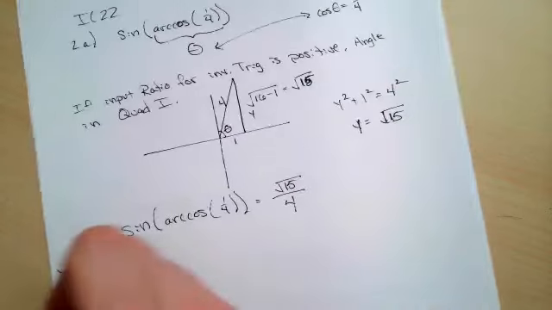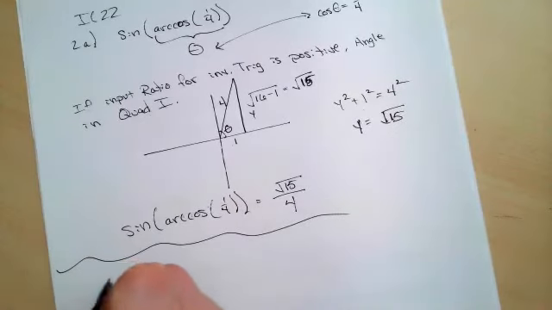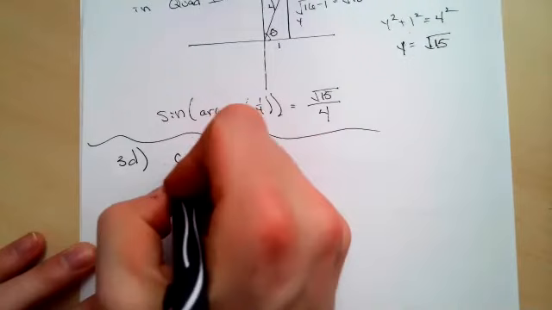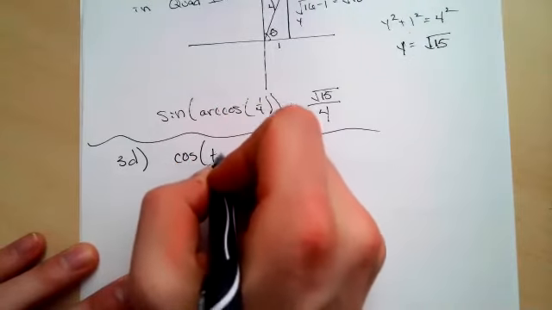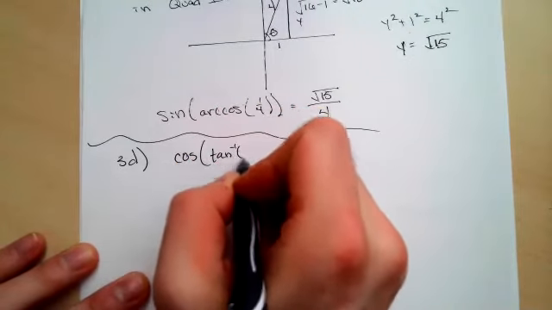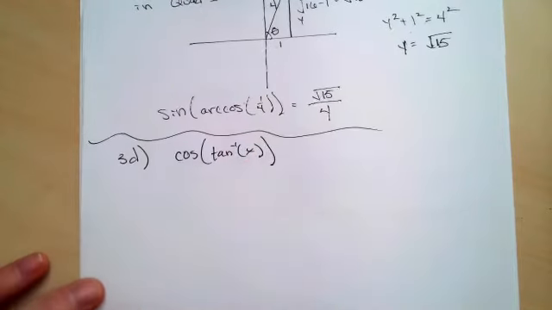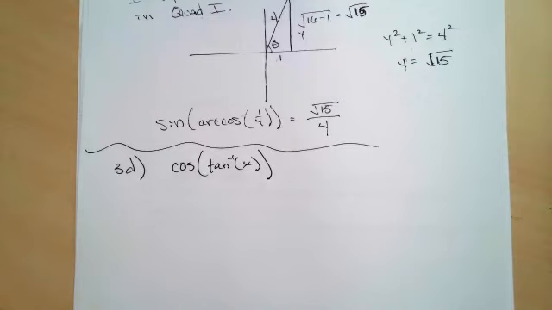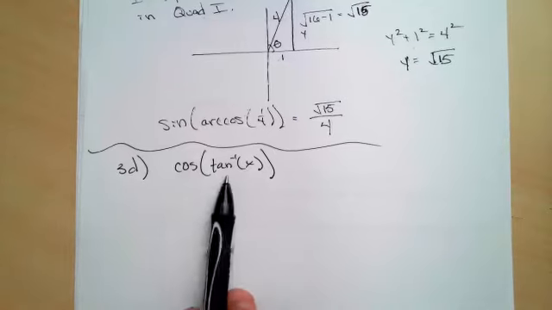So let's do one more. Let's do 3D. So we want to simplify cosine of inverse tangent of x. So the problem statement might say something like, simplify the following expression.